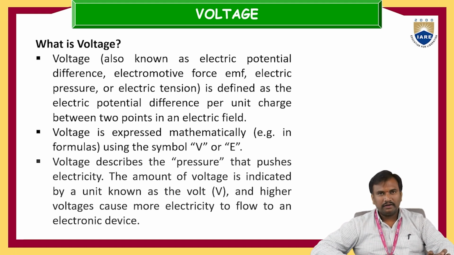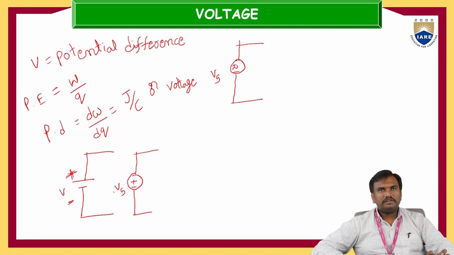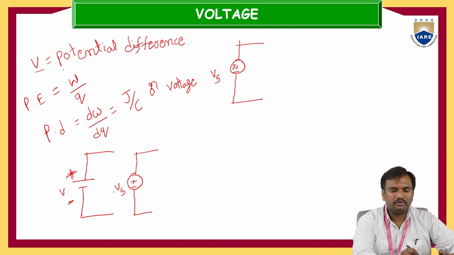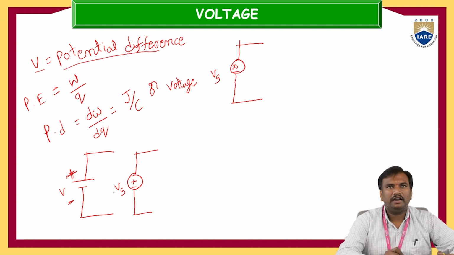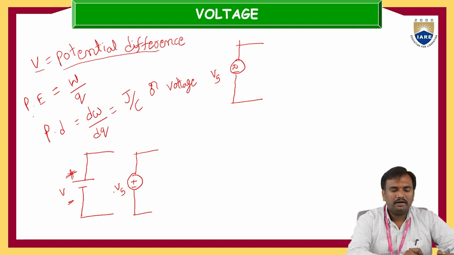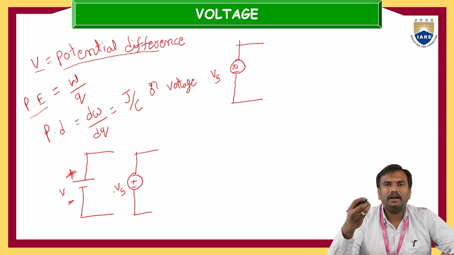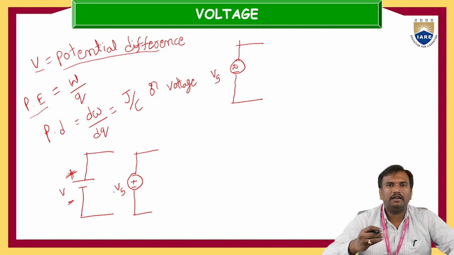So here the voltage can be represented as potential difference, where potential is the energy required to bring a unit positive charge from infinity to that particular point in an electric field.